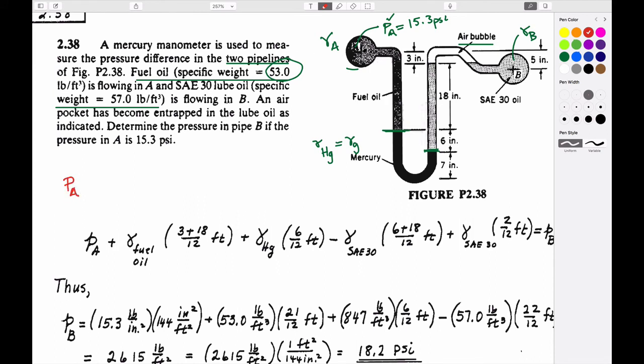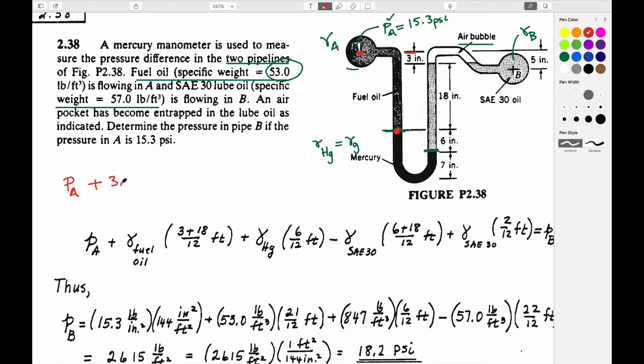So we start here, if you can see this point. And we start moving from here down the tube. We know that we can get to this point before we change fluid pressures. And so we can go to this, which is 3 inches plus 18 inches. And it's in the same unit weight fluid. We're going down. So I guess it's like going in a swimming pool, going from here to here. Our ears are going to be hurting. So we're adding fluid pressures.